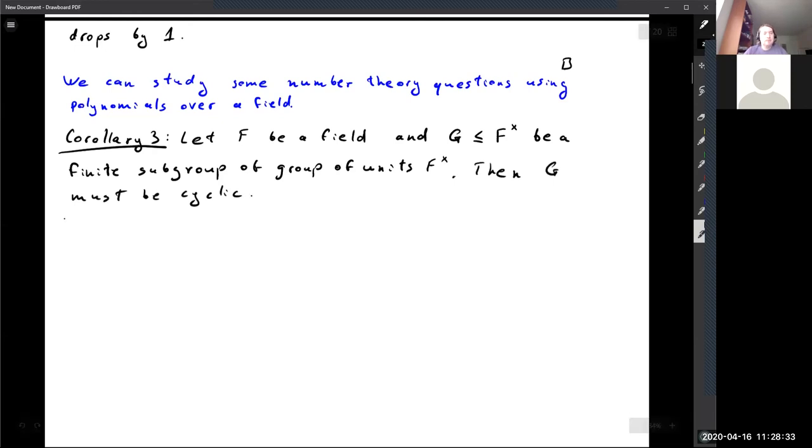Okay, and the proof would go as follows. So we know that G is abelian and finite.